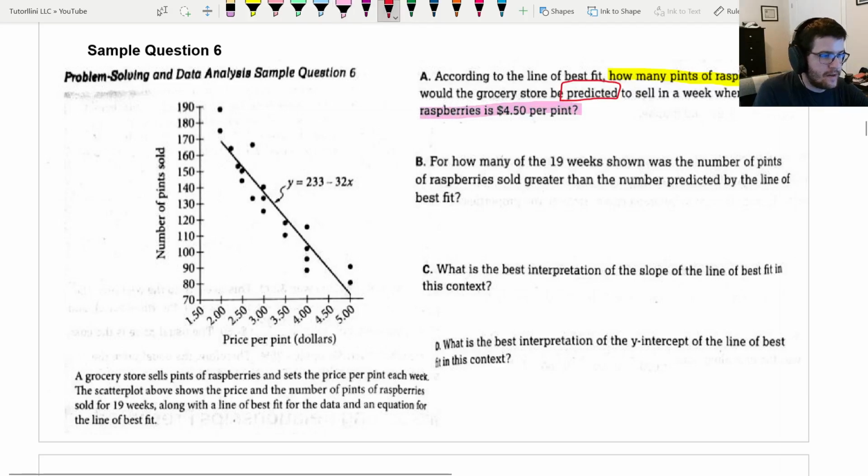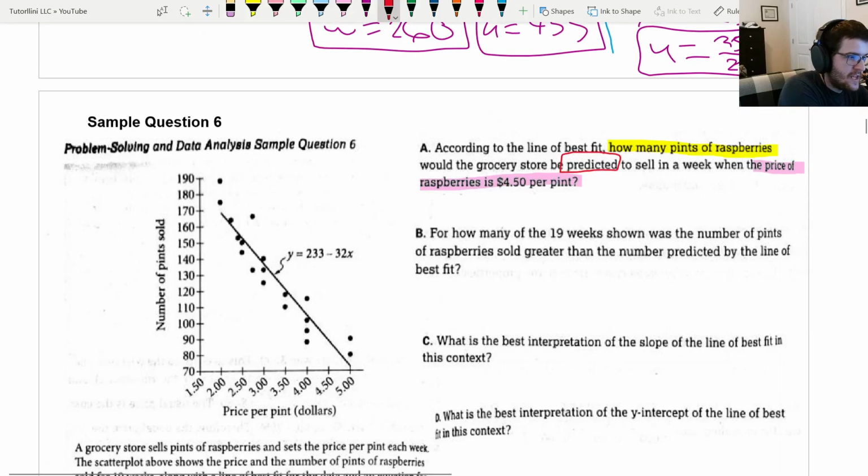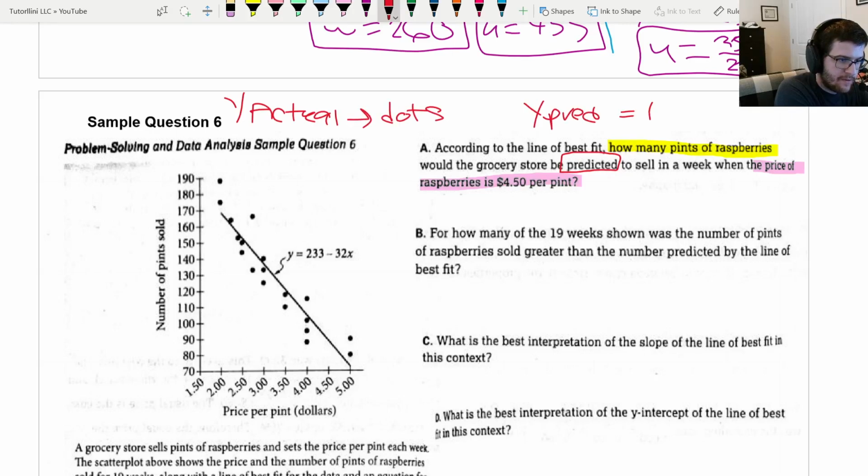Okay, so again, talked about this a bunch. The actual y values, why don't I put this at the top because I'm going to run out of space. The actual y values come from the dots, and the predicted y values come from the line of best fit. So make sure you understand that.